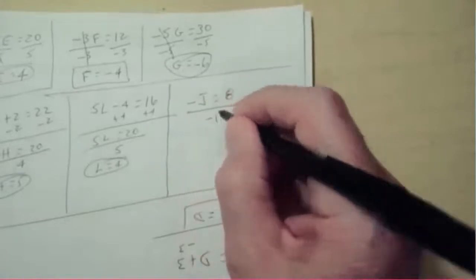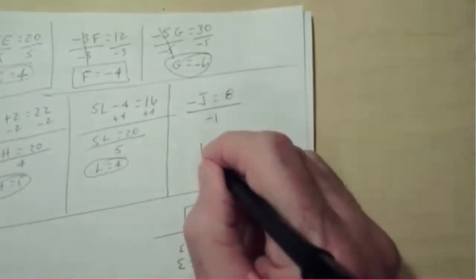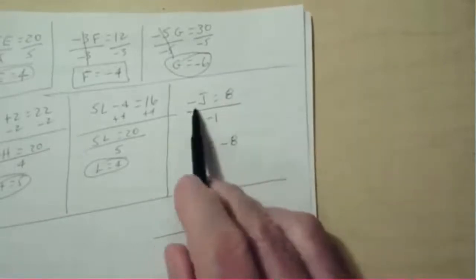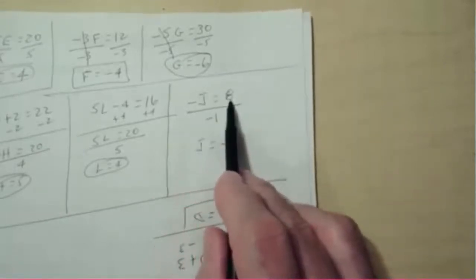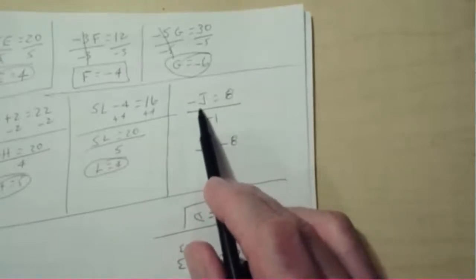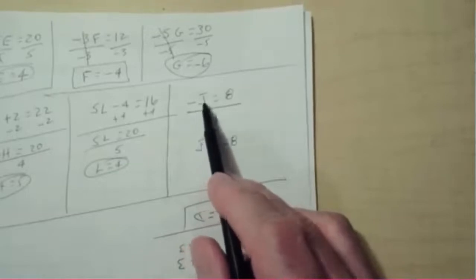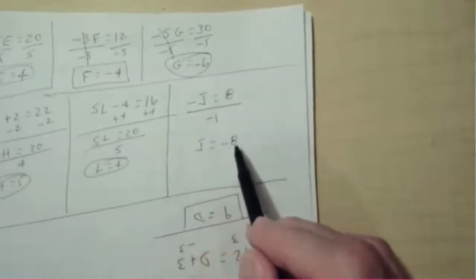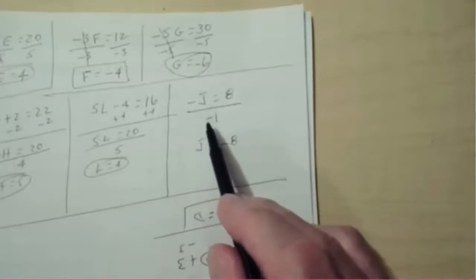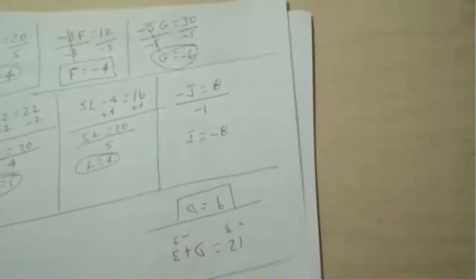Divide everything by negative 1, and we get j equals negative 8. If negative j is 8, then j is negative 8. And that's the procedure that you use. You multiply or divide by negative 1. Right? Right.